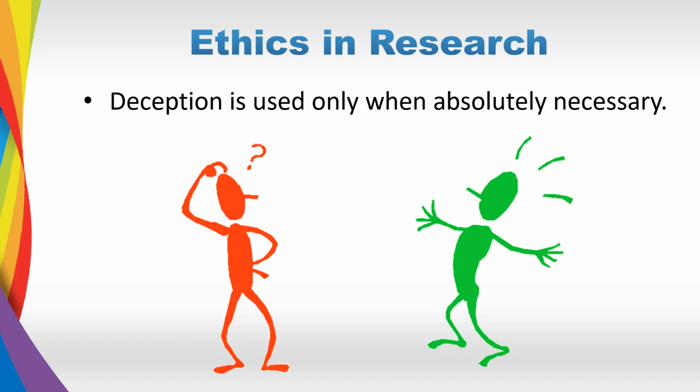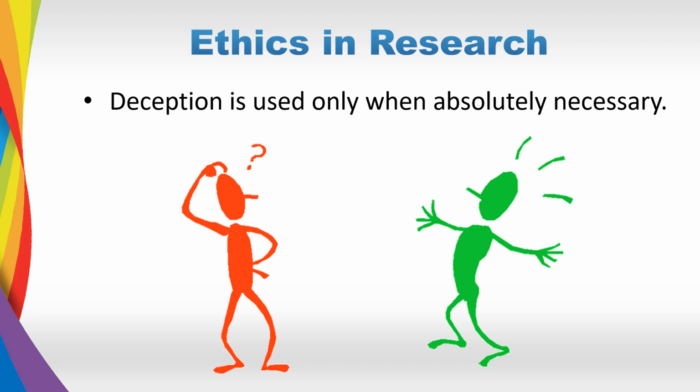So they have to use deception in there. They have to basically say, okay, everybody's going to be taking this medication. Or they might say some people are taking placebos, some are taking the actual medication. But they're not going to tell you who, right? Because they want you thinking that you're taking the medication. So they're technically deceiving you. So it is only used when it is necessary.